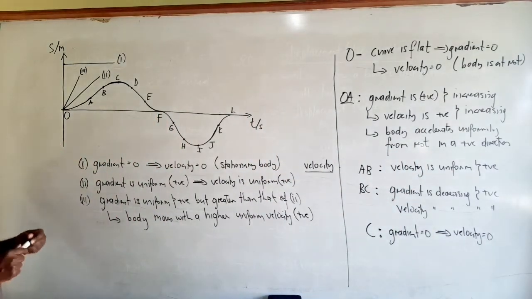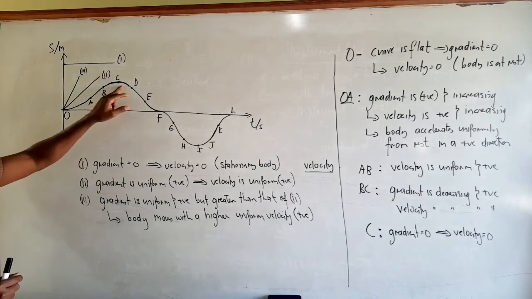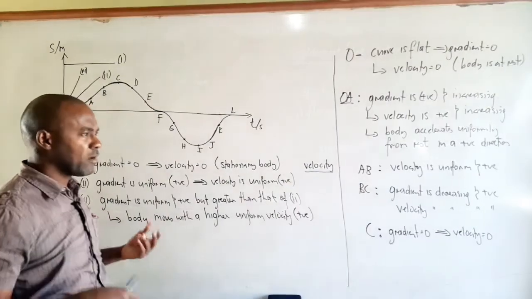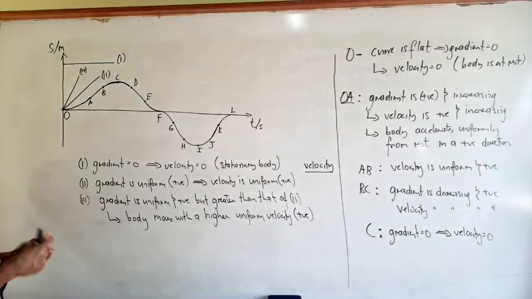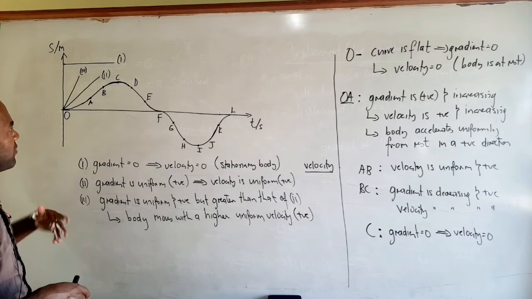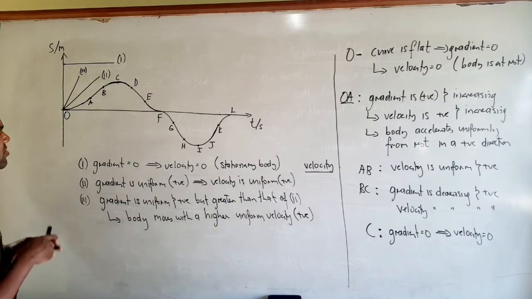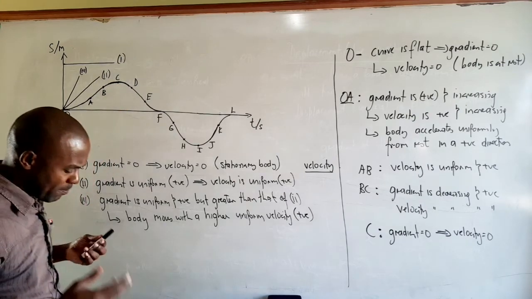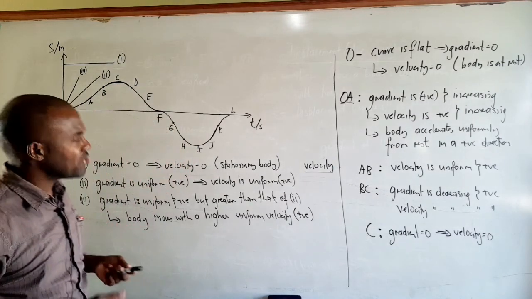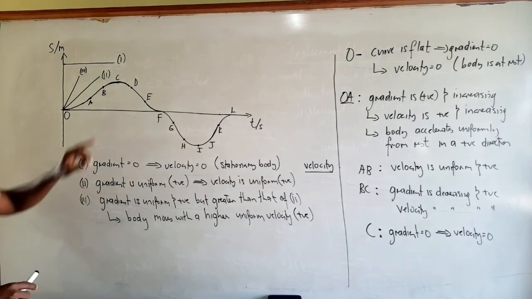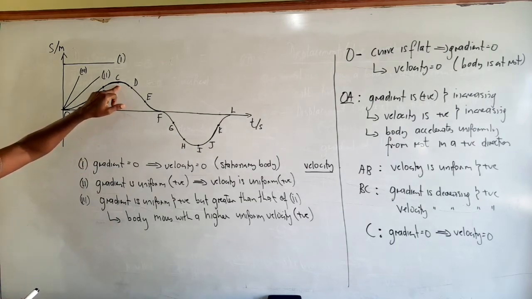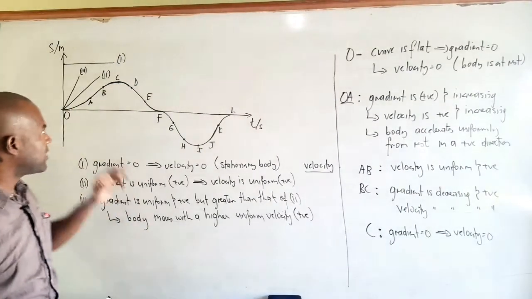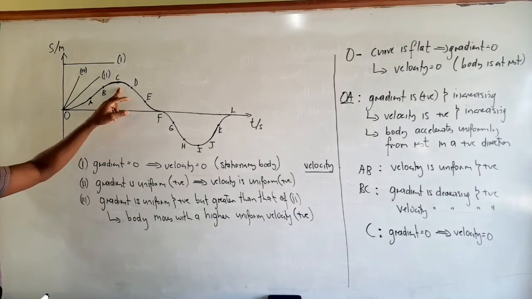So at C, the graph is flat, the gradient is equal to 0, which means that the body's velocity is equal to 0. And because the body's velocity is equal to 0, that means the body has come to rest. But if you examine the graph carefully, realize that it doesn't stay flat for a long time. So it doesn't remain stationary for long. So therefore we say that the body has momentarily come to rest, or the body is at rest momentarily, right? So at C, the body is momentarily at rest.